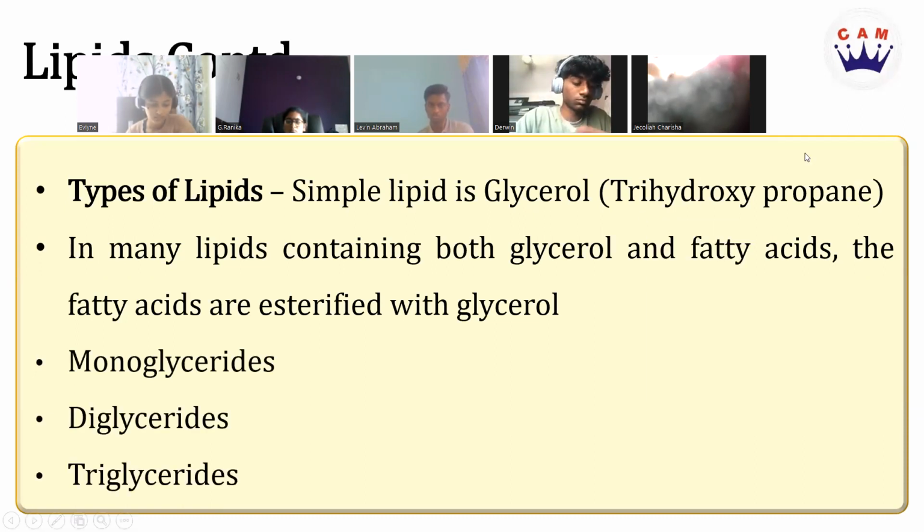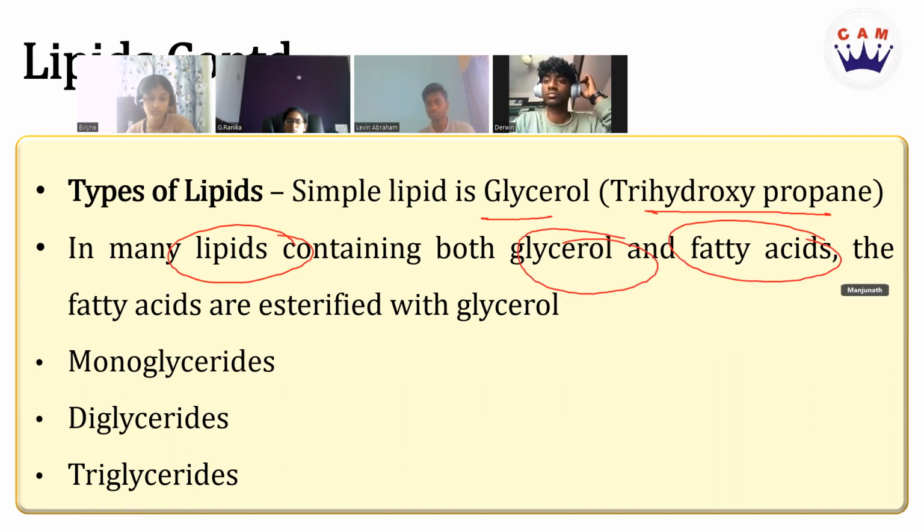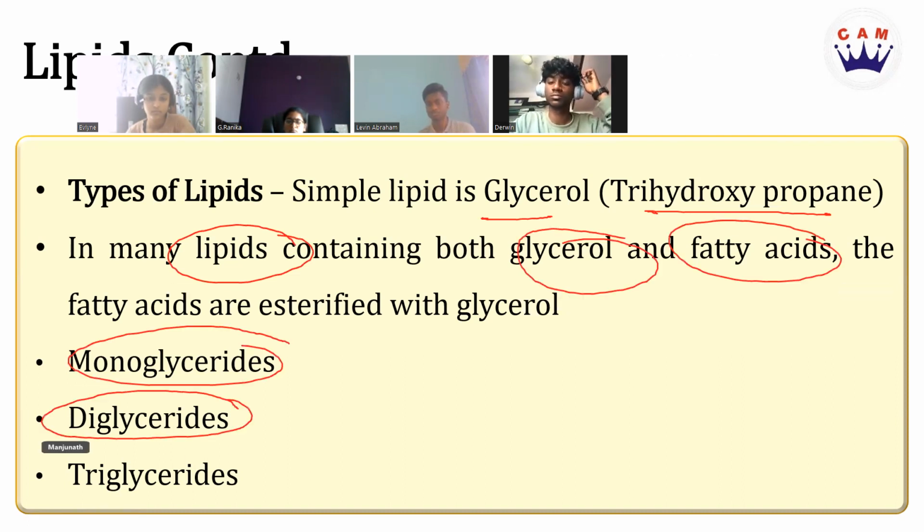Okay. See here. Glycerol is also called as trihydroxypropane, I told you. In many lipids, glycerol will be in attachment with fatty acids to become a monoglyceride, diglyceride, or triglyceride. Already I told you what is mono, di, or tri.